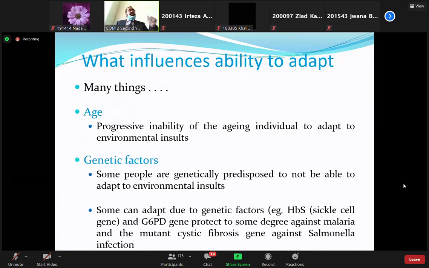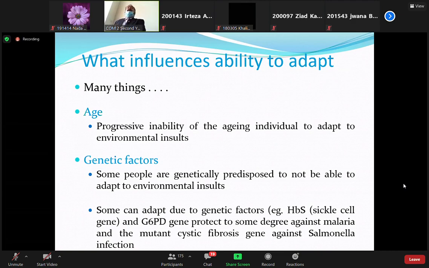There are some genetic factors also. For example, some people are genetically predisposed not to be able to adapt to environmental insult. Some people have genetic factors like the sickle cell gene or the glucose 6-phosphate dehydrogenase gene. These genes protect that person from malaria.